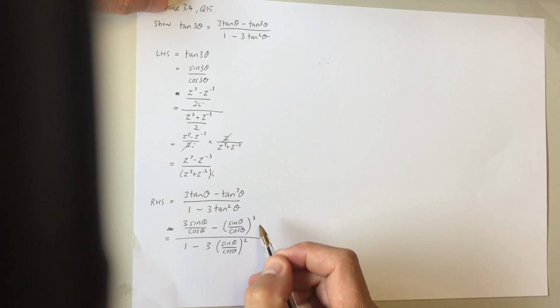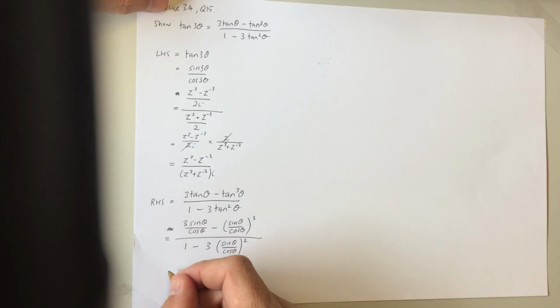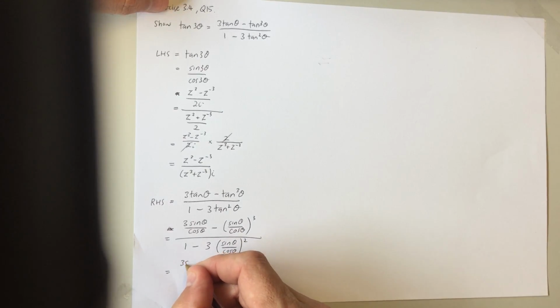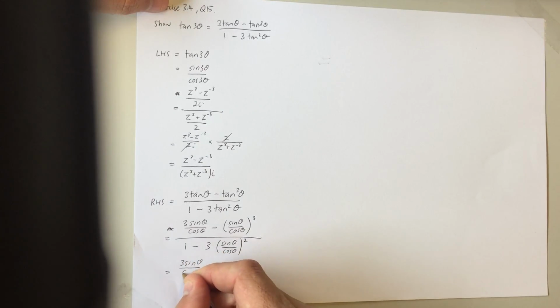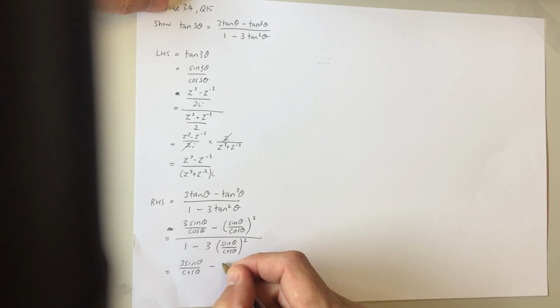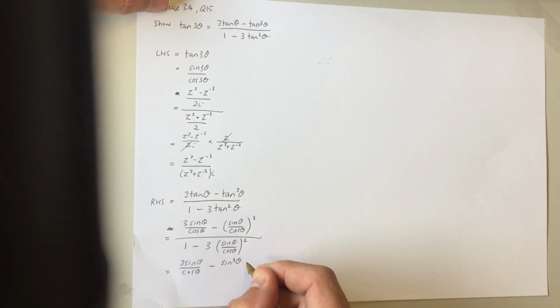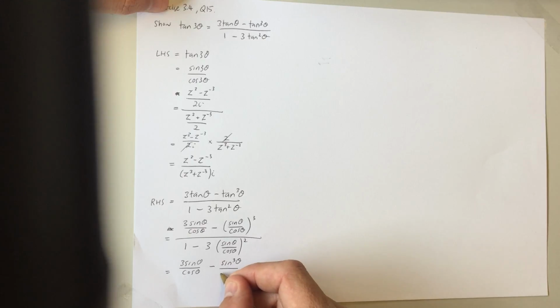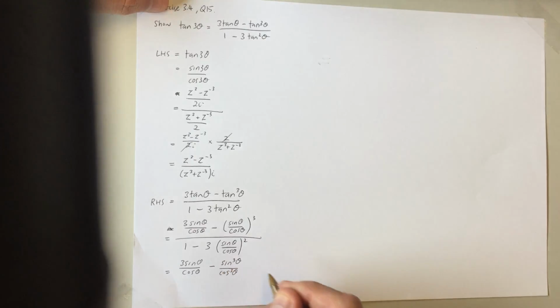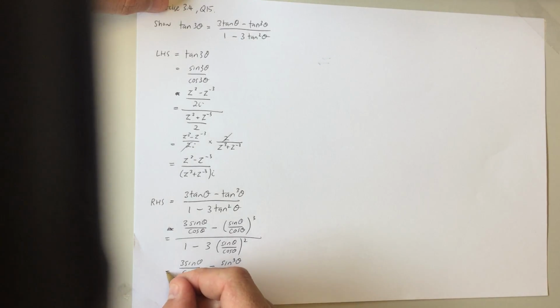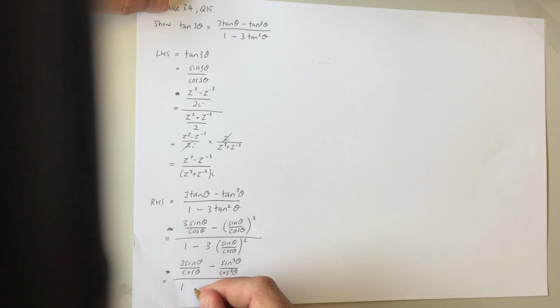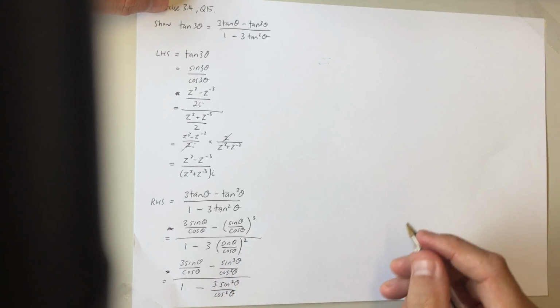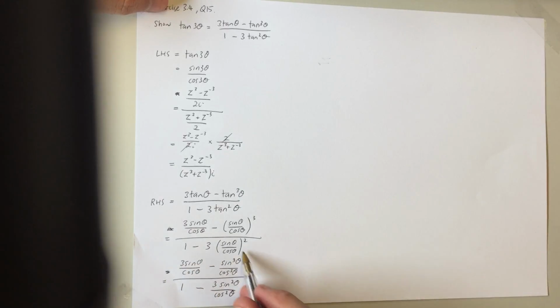Right, so now let's do the cubed and the square here. So that would be sine cubed theta over cos squared theta. Right, so we've got a pretty nasty fraction there.